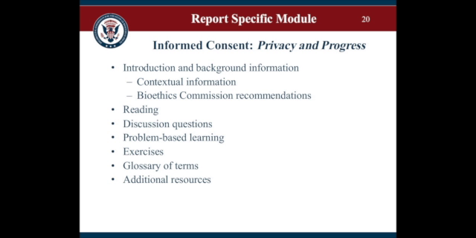The module also provides suggested reading for students, which includes sections of the report, discussion questions, again with starting points for discussion, problem-based learning exercises for the group, application exercises that encourage students to consider informed consent within the context of their studies or their own research, a glossary, and again, additional resources.